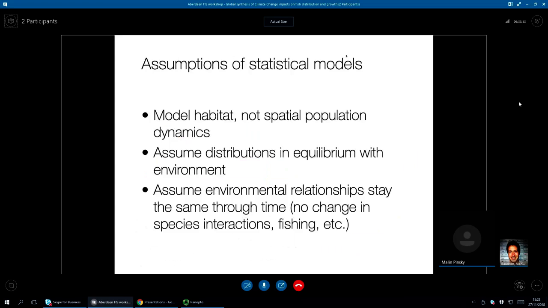Some of the other assumptions that I think are important to think about are that they're modeling habitat, not spatial population dynamics. There are lots of things that affect population size, including fishing and interaction with other species. And they're modeling a realized population niche in the field.